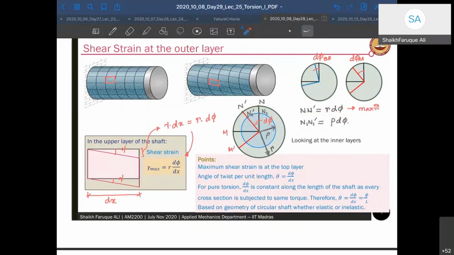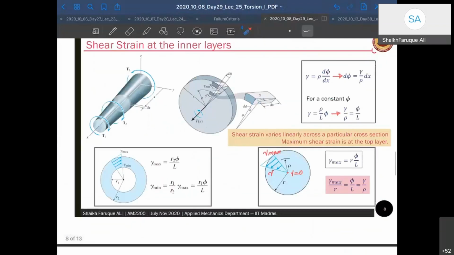So the shear strain anywhere in between, if you want to calculate, is gamma equal to rho d phi by dx. So instead of r, it will be rho because we are looking at some layer inside. So this is your maximum shear strain, and this is the shear strain in the internal layer. The radius of the internal layer from the center is rho, and the maximum value is r. So it becomes rho d phi by dx.